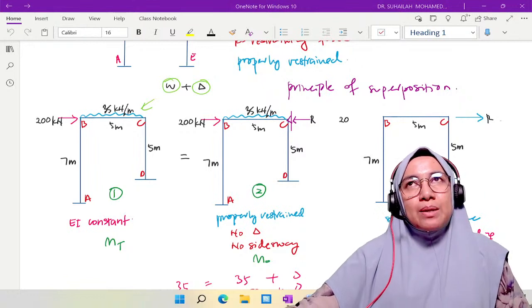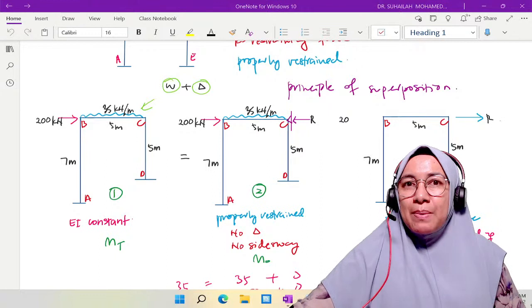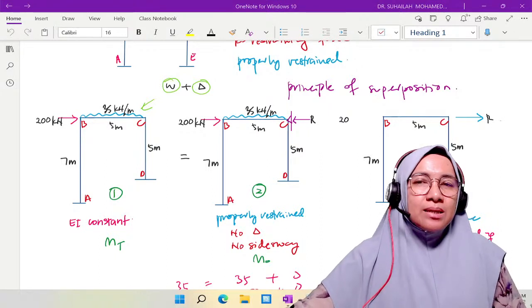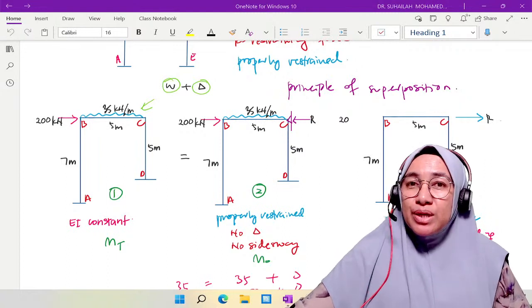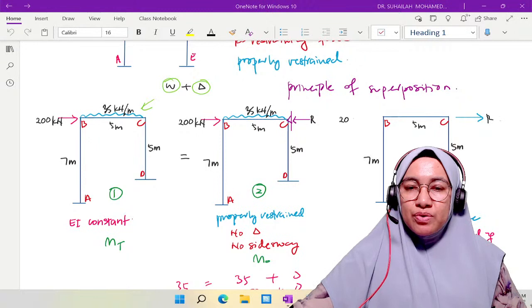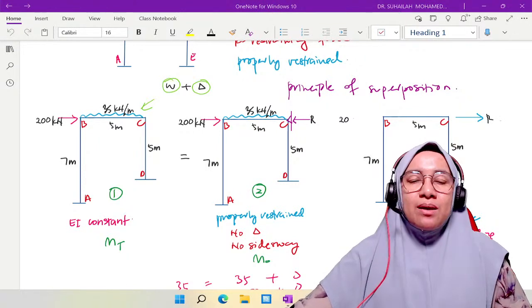So remember that in moment distribution method we will analyze member end moment, or it is also known as internal moment, at each end, in beam and in frame. But we are focusing now on frame analysis, frame with side sway analysis.